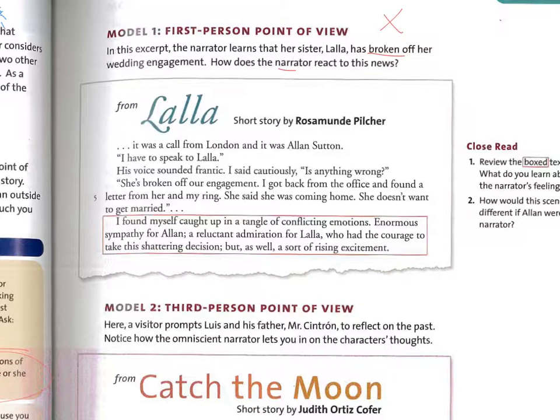She said she was coming home. She doesn't want to get married." I found myself caught up in a tangle of conflicting emotions. Enormous sympathy for Alan, a reluctant admiration for Lala, who had the courage to take this shattering decision, but as well a sort of rising excitement.